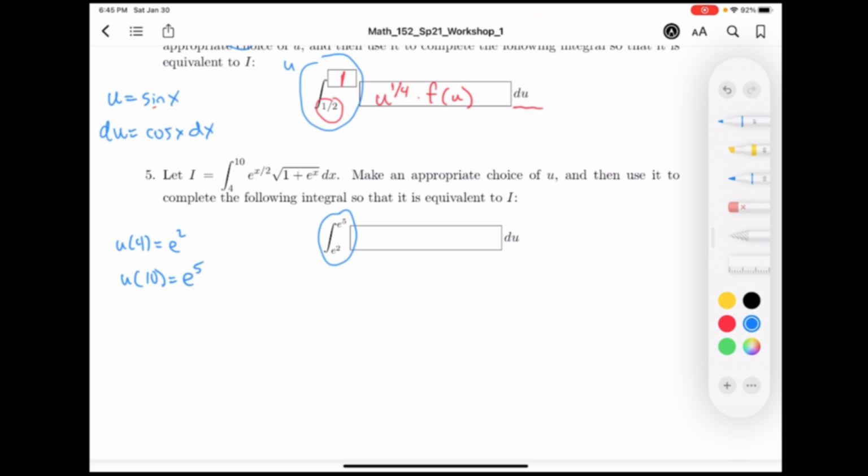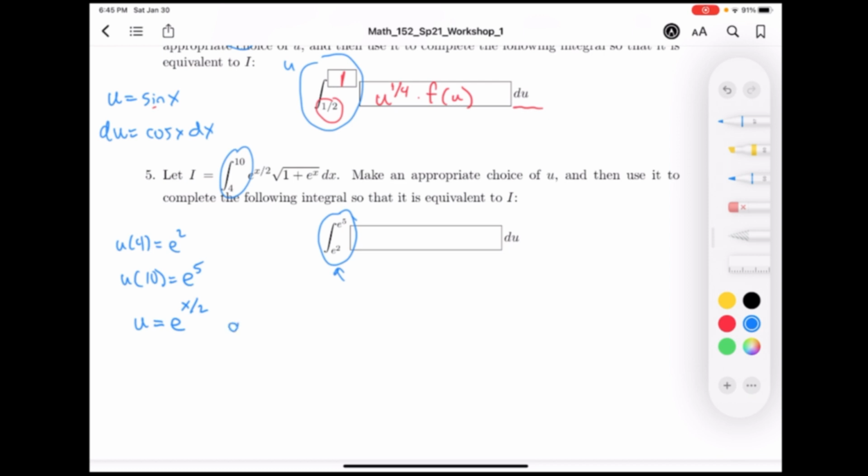Hopefully you can recognize that what I'm doing here is dividing 4 and 10 by 2 and raising them to the power e. So the choice that makes sense is u equals e to the x over 2, because if I treat these as x values and I plug in 4, I'm going to get e to the 4 over 2, which is e squared, and that goes in the bottom position in the integral. And same with 10. e to the 10 over 2 is e to the 5th, and that goes into the top position.